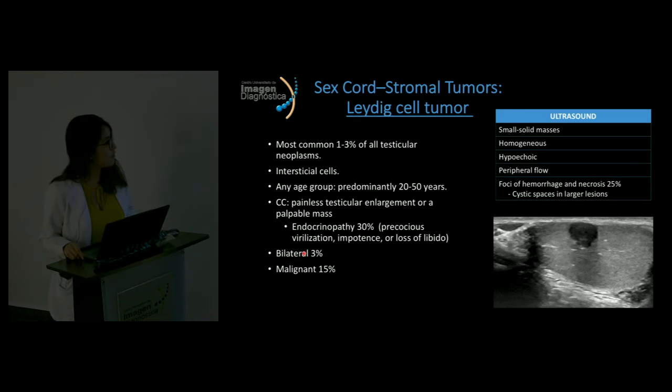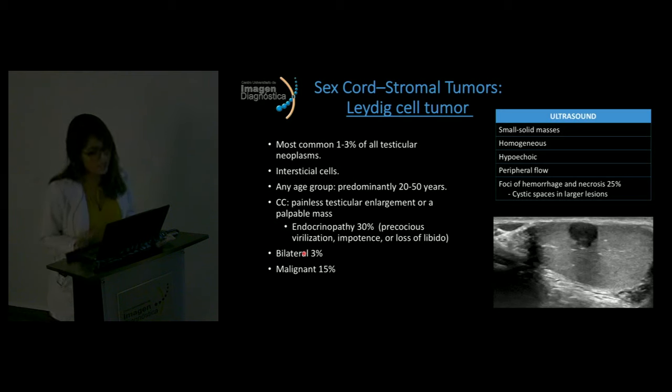The first of them will be the Leydig cell tumor, which is the most common of them. 1 to 3% of all testicular neoplasms will be a Leydig cell tumor, and they arise from the interstitial cells, with a peak incidence between the 20s and 50 years group. On clinical presentation, we'll have a painless testicular enlargement or a palpable mass.